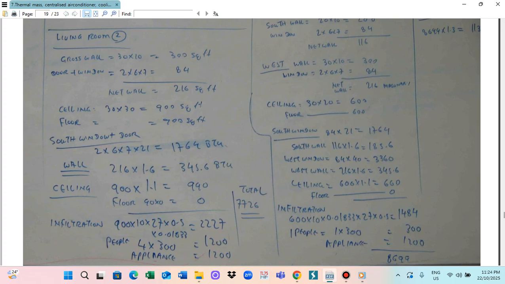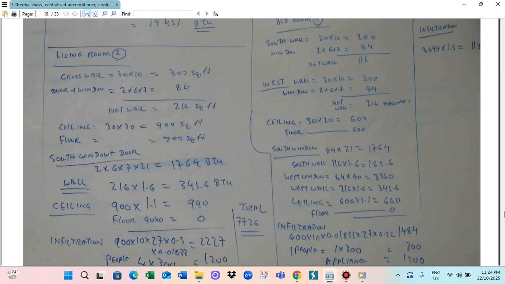So 2 multiplied by 6 multiplied by 7 is 84. Then for the net wall, you subtract and get 216. This is a masonry wall.